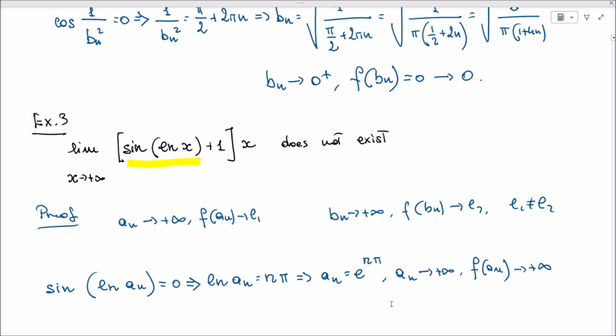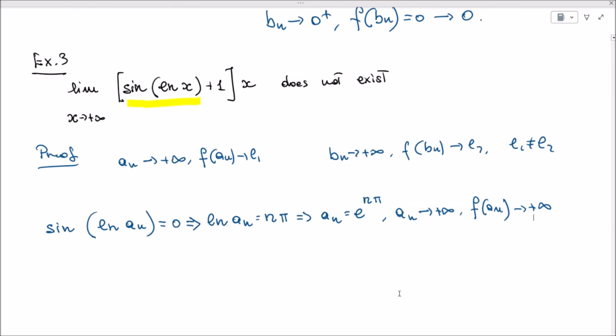So, one sequence that will make the function diverge. Then let's have a look at the sequence bn such that the sine of the logarithm of bn is equal to -1. Okay, so where is the sine equal to -1?